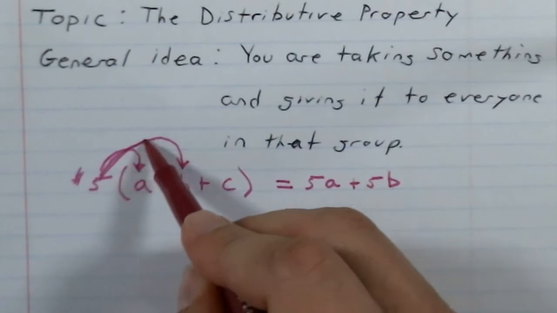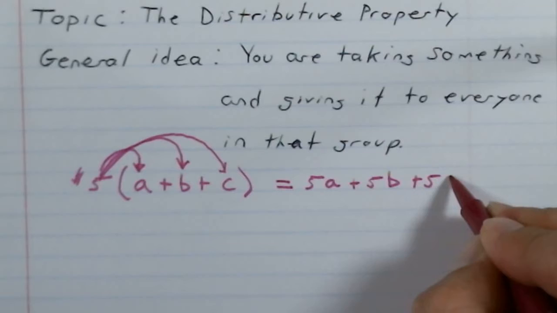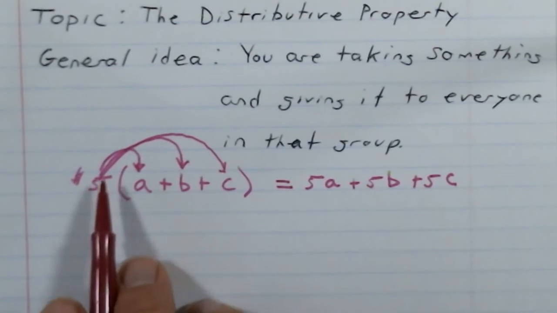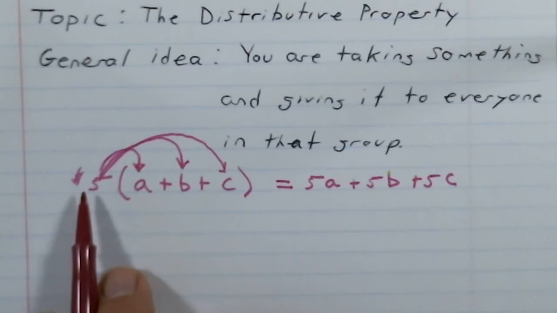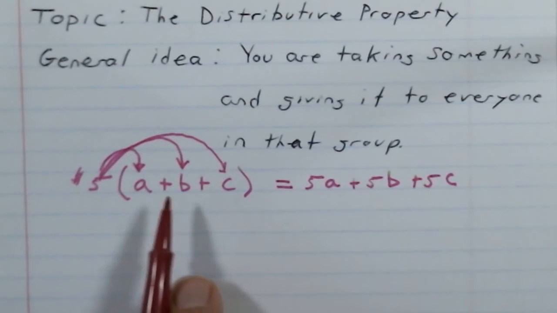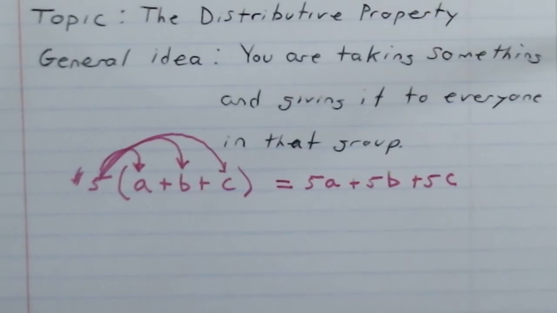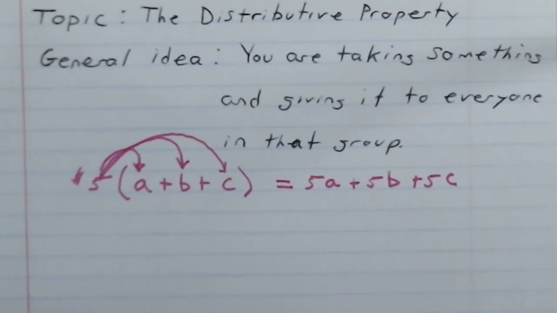And this $5 goes to C, so that's plus 5C. So this 5 goes to A, this 5 goes to B, and this 5 also goes to C. This is what we call the distributive property. You're giving 5 to everything in that parentheses. And that's pretty much it.